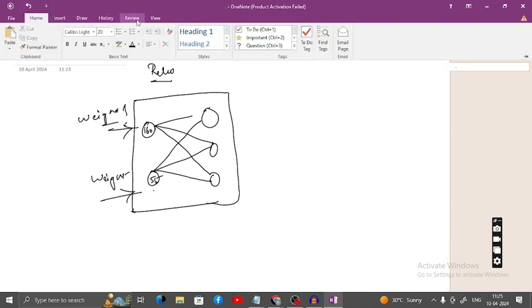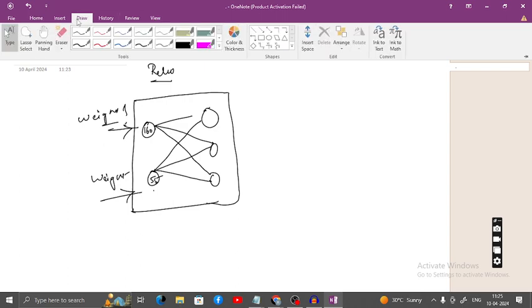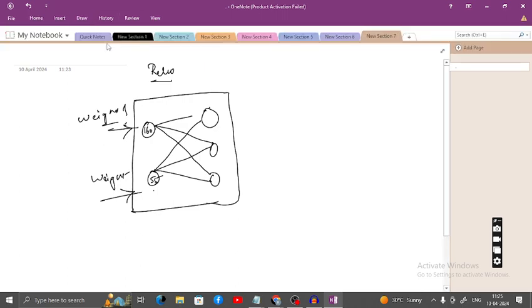So this is 160 and this is 55. Let us say this is 67. I am assuming some numbers for our understanding purpose only. So if you make the weighted sum of inputs, what is the weighted sum of inputs?